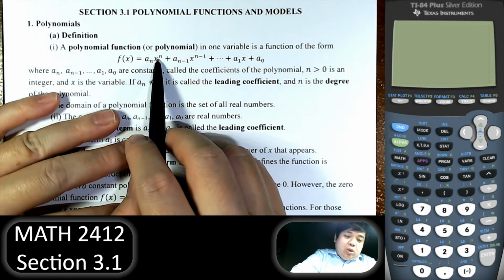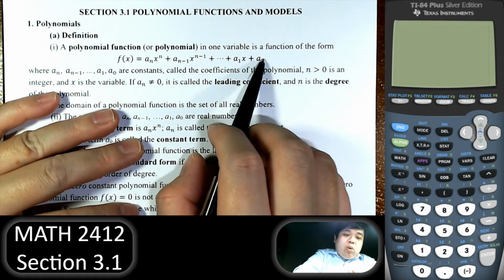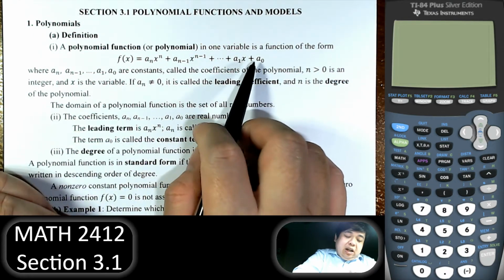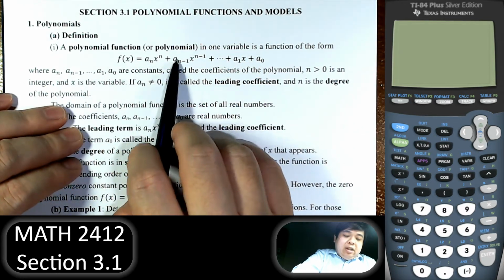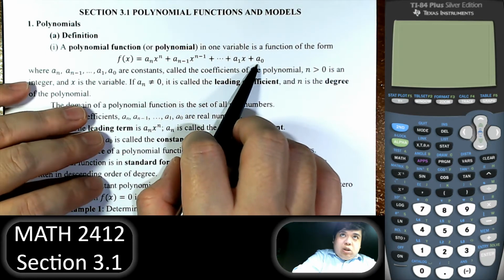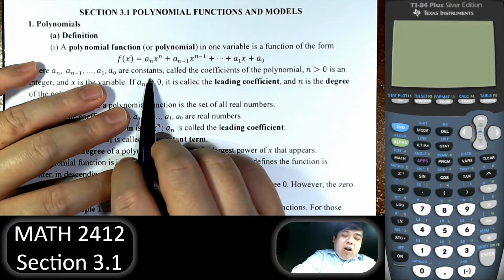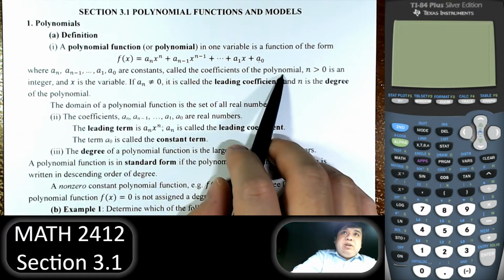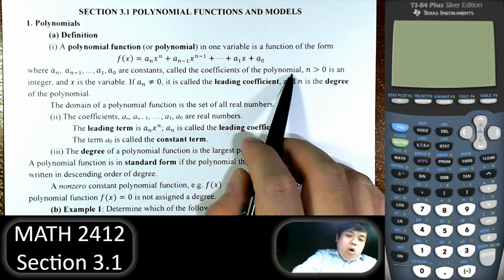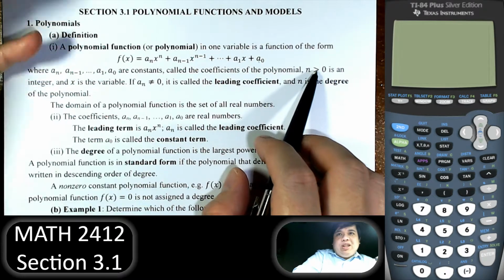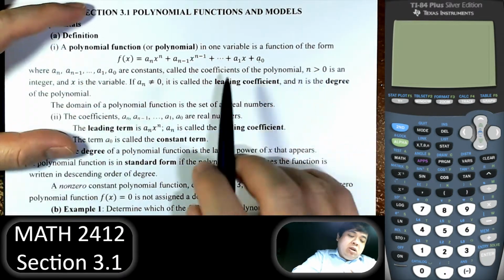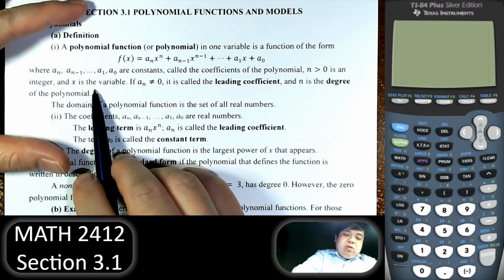We have x to the n minus 1 all the way to a constant a sub 0, and a sub n, a sub n minus 1, to a sub 0, all of those are constants, called the coefficients of the polynomial. n is greater than 0 and an integer, or we just say n is a natural number, and x is the variable.